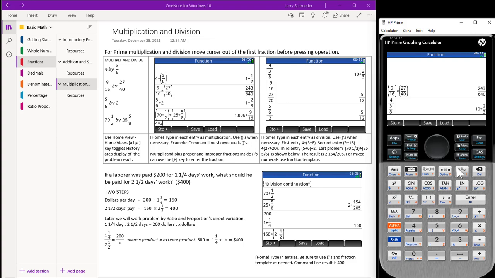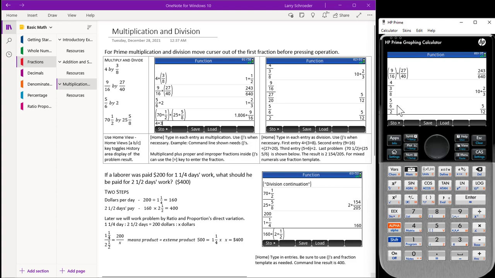Notice when we're doing division, all the problems that we do with division, the parentheses are dropped. I'm interested in this entry, a fraction divided by a whole number. Parentheses, 5 divided by 6, outside of the parentheses, divide, 2, press enter, switch our answer over, and we end up with the answer.